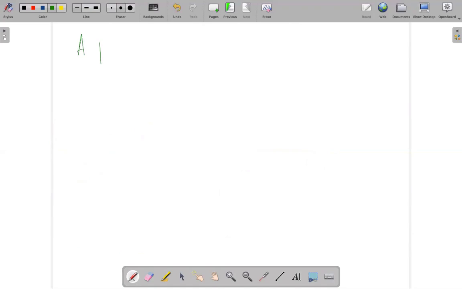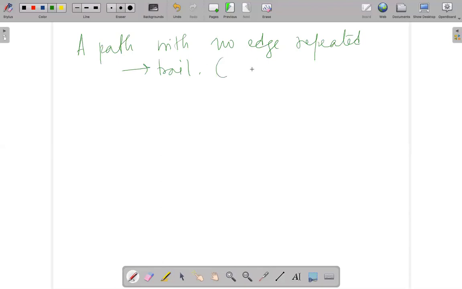Similarly, a path with no edge repeated is called a trail. However, in a trail, vertices might repeat.